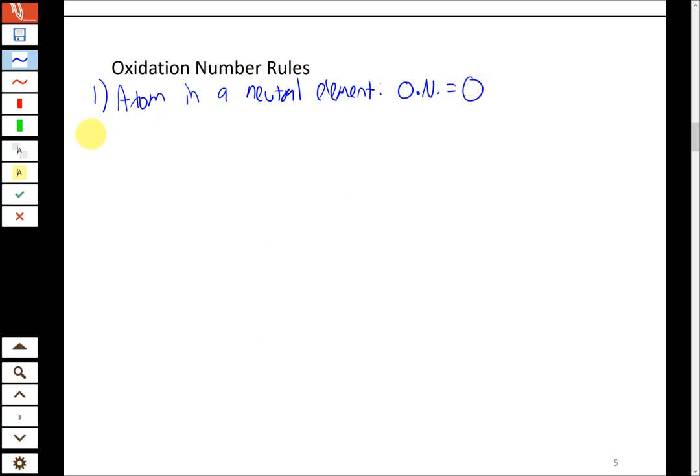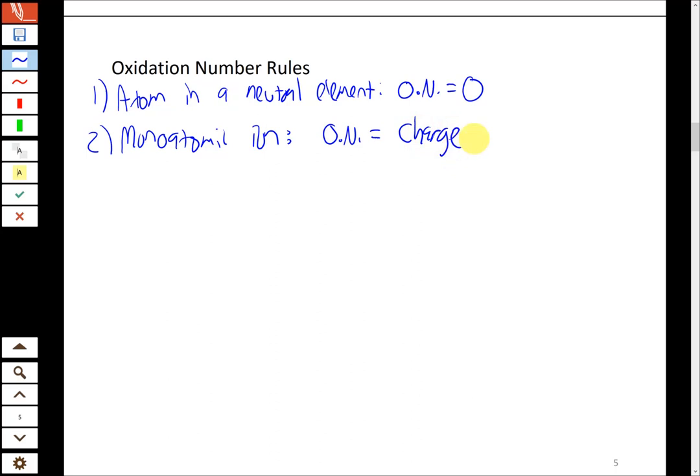All right, now the other ones that are fairly simple that you'll see sometimes: a lot of redox equations are going to be written in ionic form, where you have individual ions participating, not necessarily in a compound. So if you have a single monoatomic ion, so Na+, Cl-, or any metal cation, any nonmetal anion, the oxidation number is just equal to the charge of that ion.